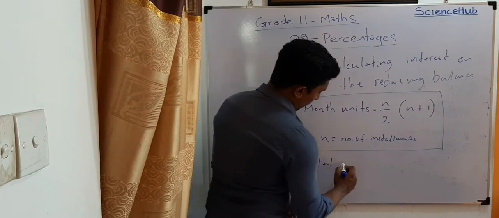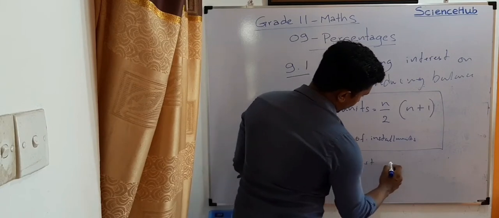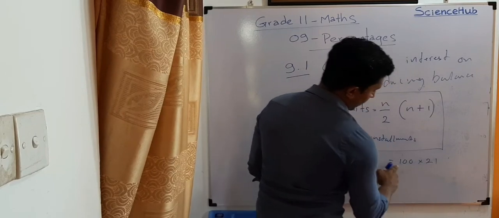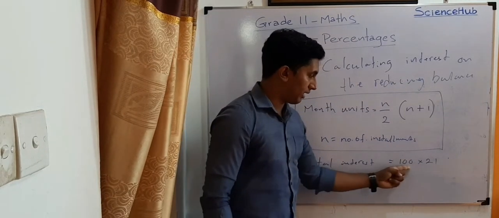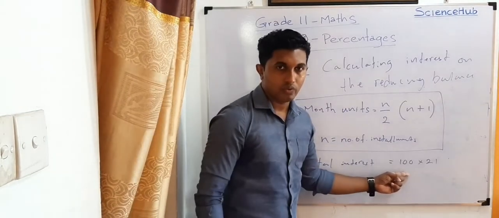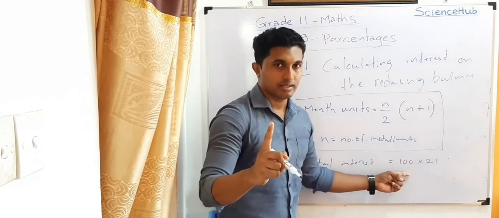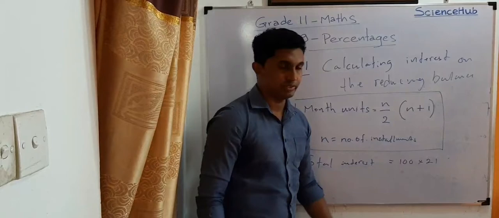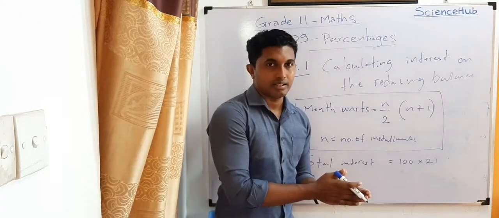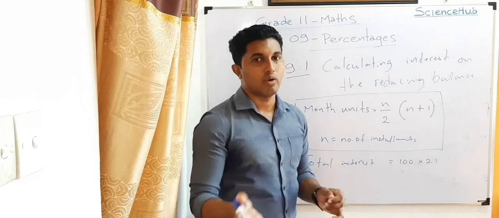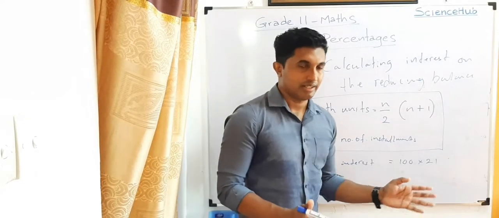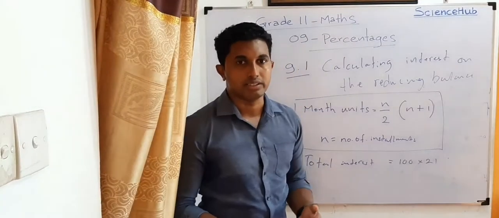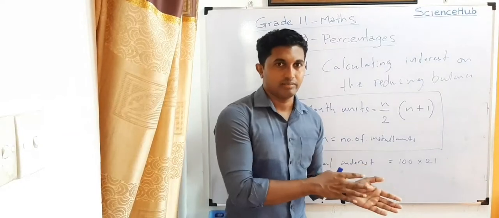Therefore, total interest is 100 into 21. What is that 100? This 100 is the interest for one installment without interest, that means the interest for the 5,000, which is one portion of the capital without interest.